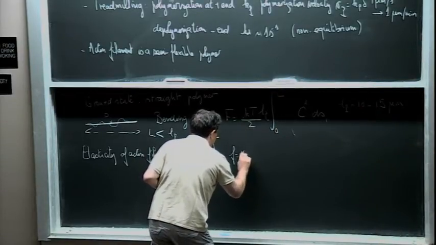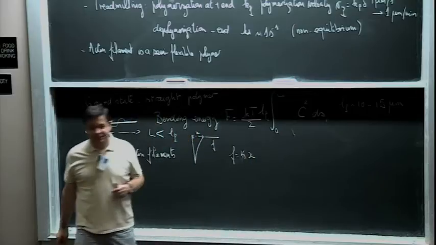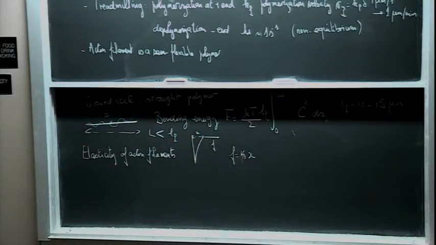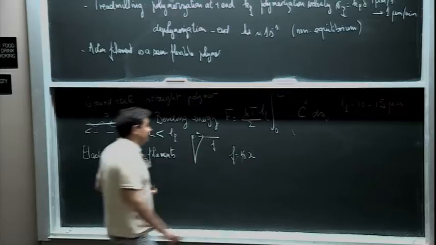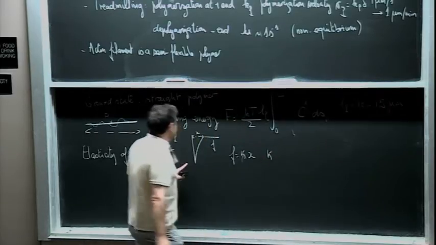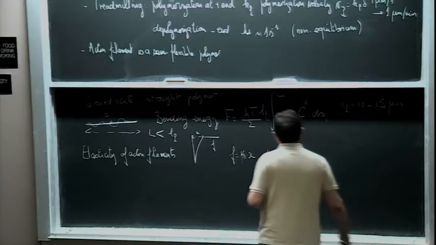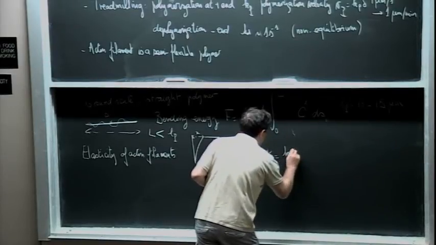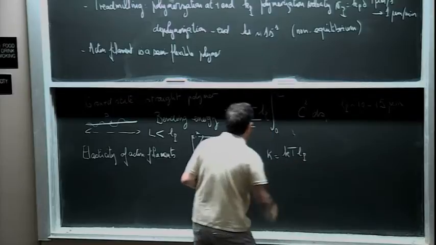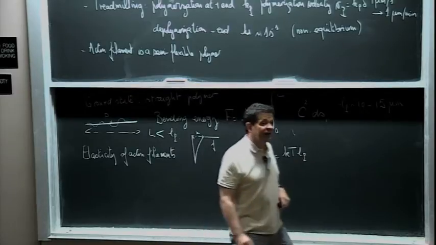I'll call it kappa. Now you can calculate kappa easily. I will just guess it. This is bending, so it has to be proportional to the bending modulus. So kappa is kT LP, which is the bending modulus, which is defined here.